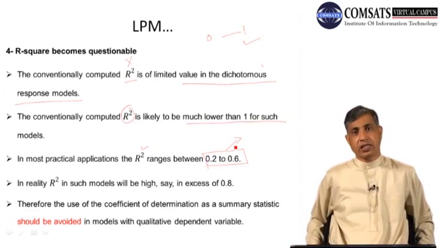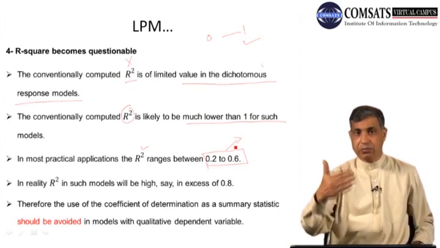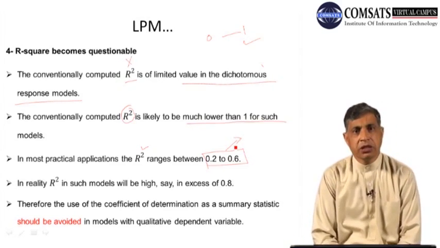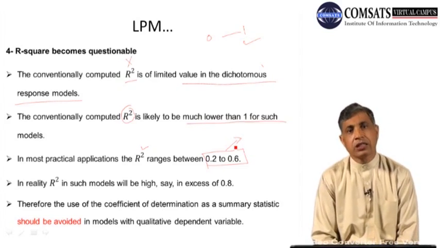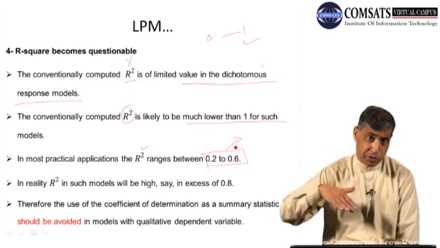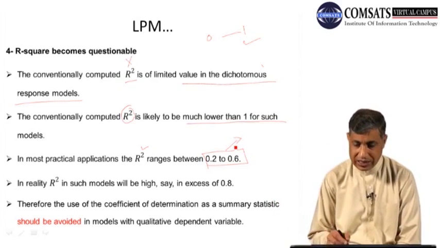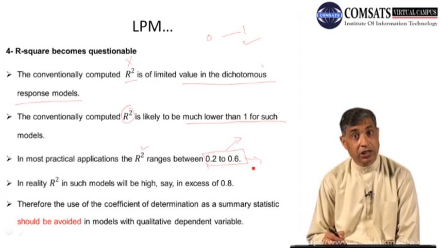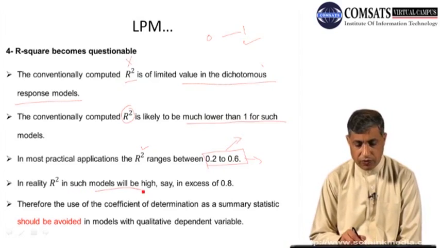We are concerned about the highest because, in this case, it is much less than 1. So what this means is that the maximum our model can explain is 60% of the variation of the dependent variable. So it means it has been suppressed. But look at this: this was the empirical analysis, but in reality, in such models it will be high.